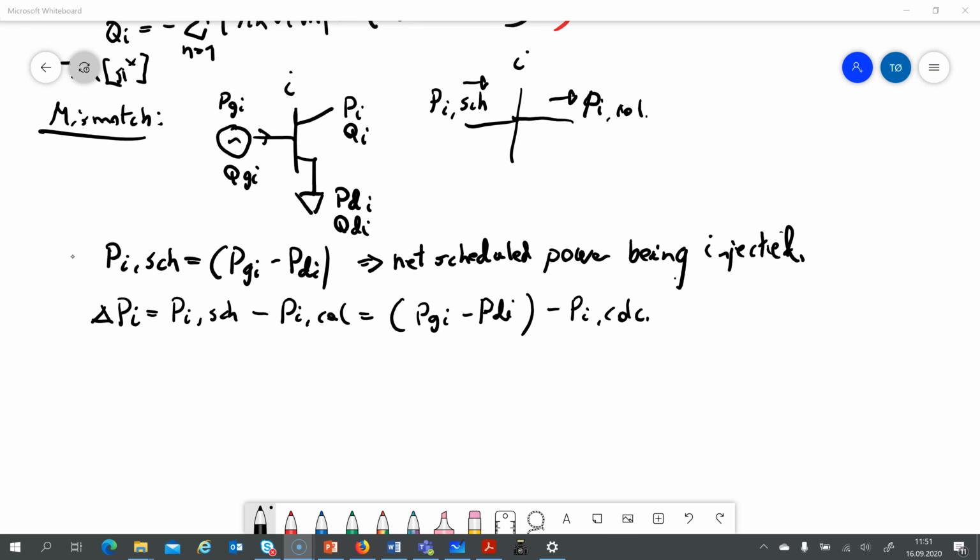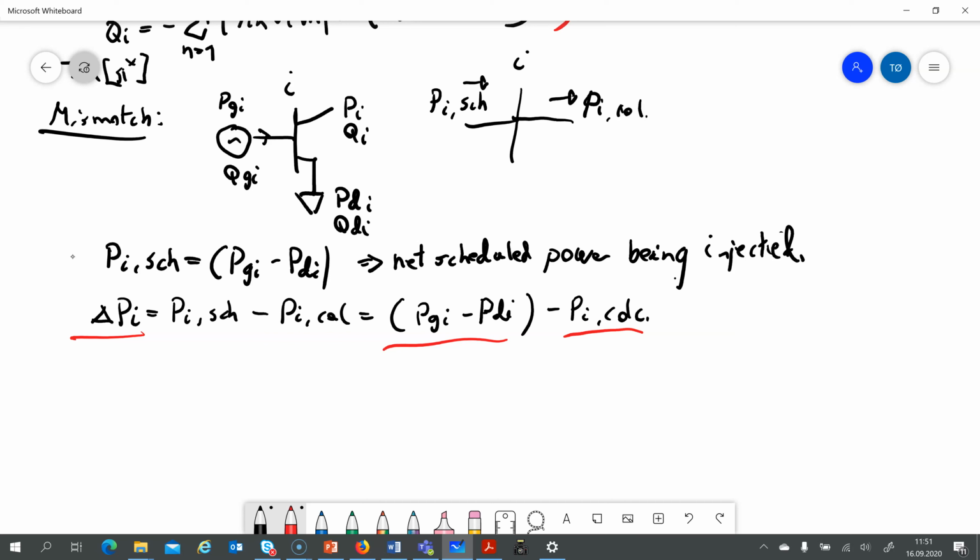Those mismatches occur in the course of solving a power flow problem when you calculate the P_i and Q_i and they do not coincide with the schedule value. So as you can see, we have the schedule and the solution of the power flow, and then you have a mismatch here.